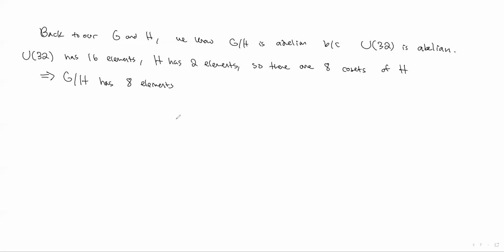Sorry about that. The internet just disconnected for a second. Okay, so G mod H has 8 elements. And then there's a theorem that you're going to prove in chapter 11.